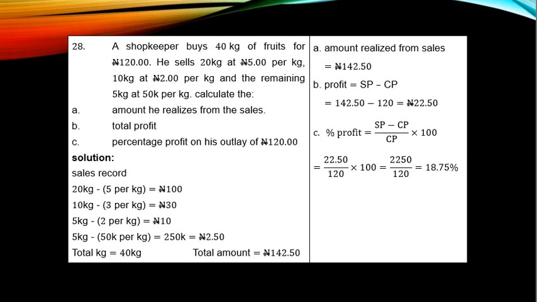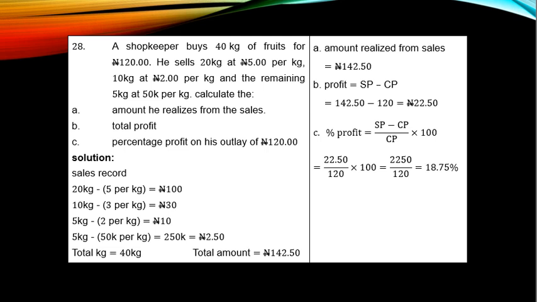Now example 28. A shopkeeper buys 40 kilograms of fruits for 120 naira. He sells 20 kilograms at 5 naira per kilogram. That means 1 kilogram is 5 naira. 10 kilograms at 2 naira per kilogram, and the remaining 5 kilograms at 50 kobo per kilogram.